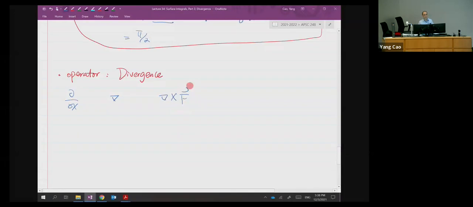Curl, right? So you can always repeat in your head, the gradient gives you a vector pointing in the direction of greatest increase in the function F. And the curl operates on a vector field. So curl, if you recall, gives you what information?